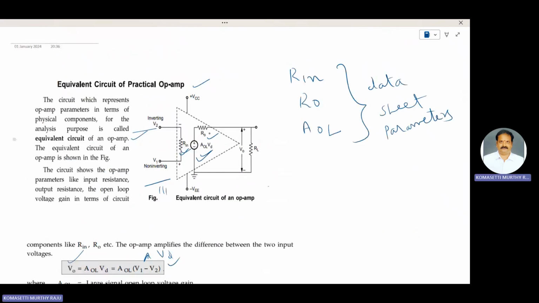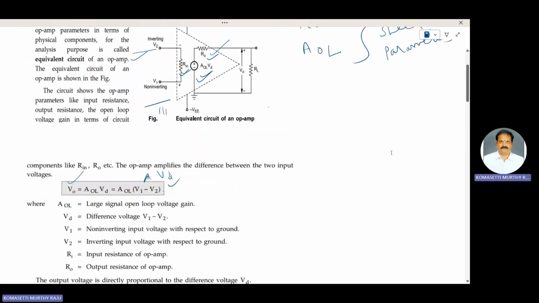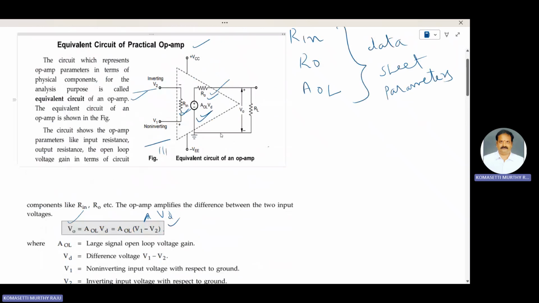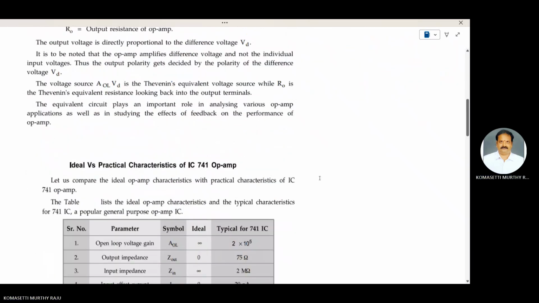The equivalent circuit plays an important role in analyzing various op-amp applications, as well as in studying the effect of feedback on the performance of the op-amp. That is, closed loop configurations are analyzed with the help of this equivalent circuit of a practical op-amp.